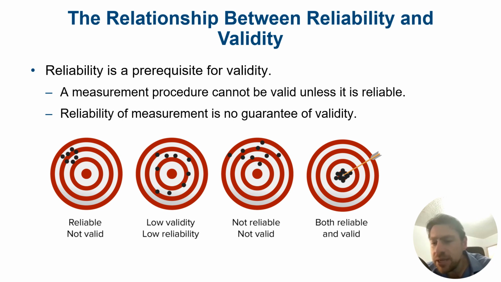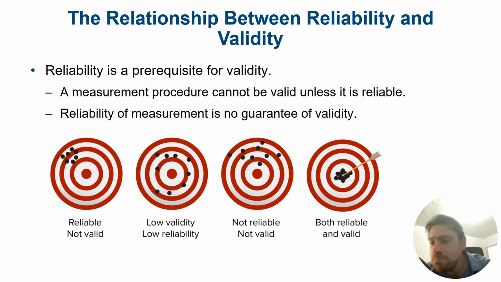All right, so in terms of the relationship between reliability and validity, these two methods for evaluating the quality of a measurement, we can say the following. First of all, reliability is a prerequisite for validity. If you think about it, if a measure is not reliable, if your IQ test is giving you drastically different results across multiple days of the week, it's probably not valid.